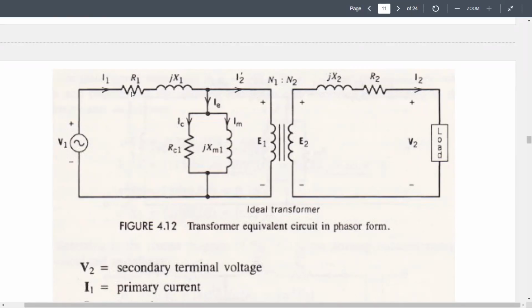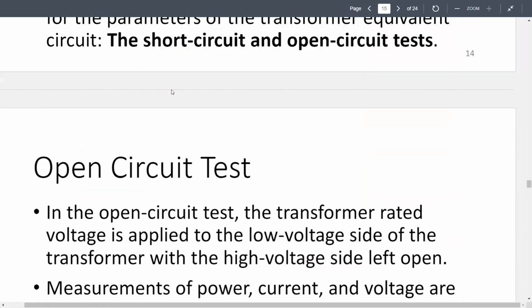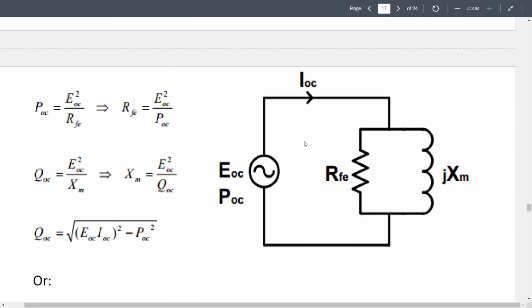We can ignore these components R1 and X1 because the amount of current is very low. So in that case, the circuit will look like this. There will be open circuit current going to these core elements, these are Rc and Xm.